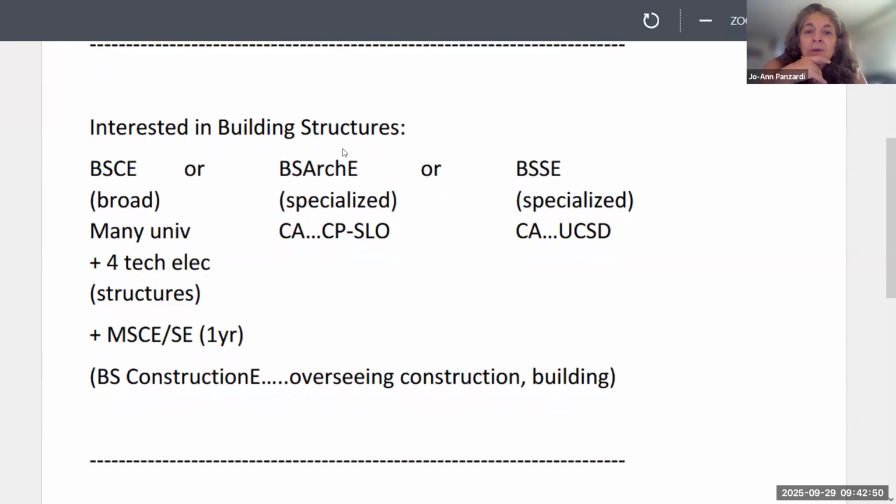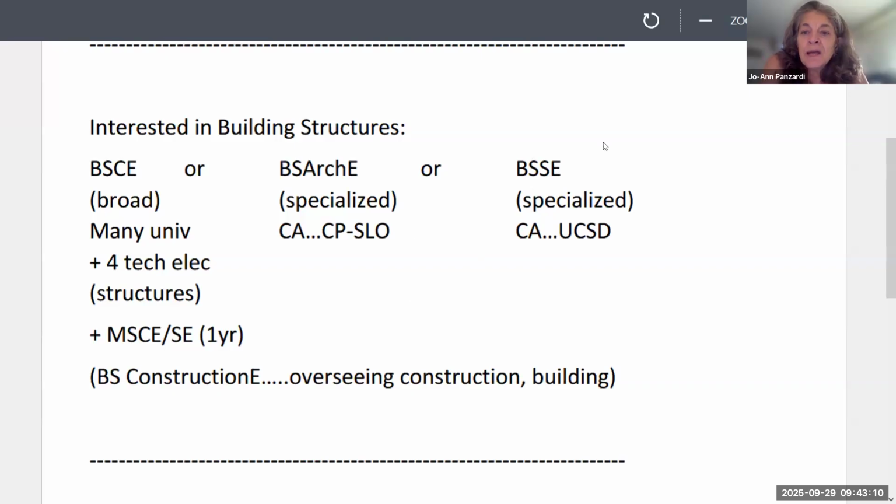Okay, so in structures, you could get a bachelor's in civil, which is broad, but you could take your 4 technical electives in structures. And then if you want, you could go on and get a master's degree in civil engineering that's only in structures. Or you could get a bachelor's in architectural or a bachelor's in structural engineering. And you may ask, well, what's the difference?